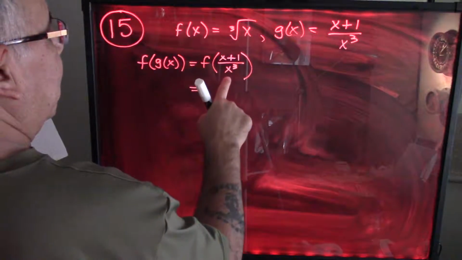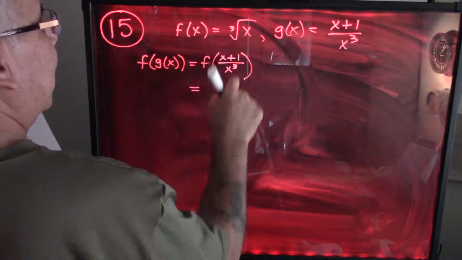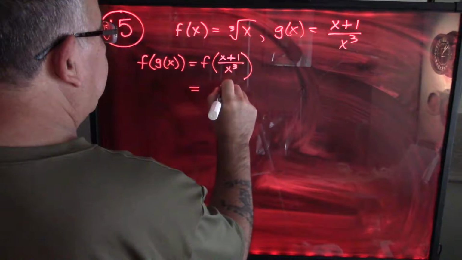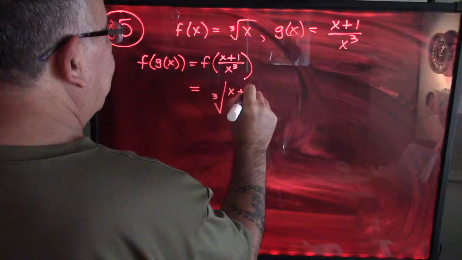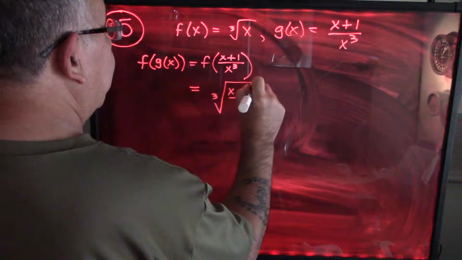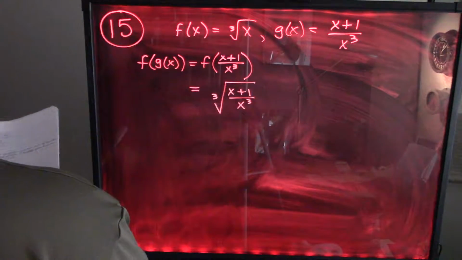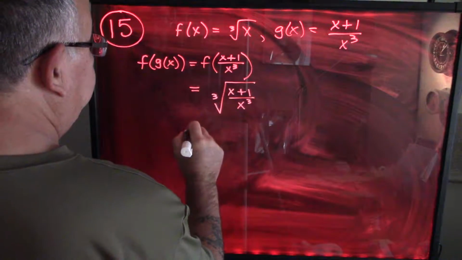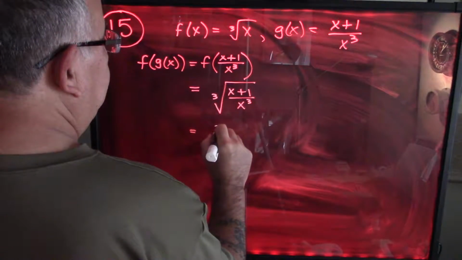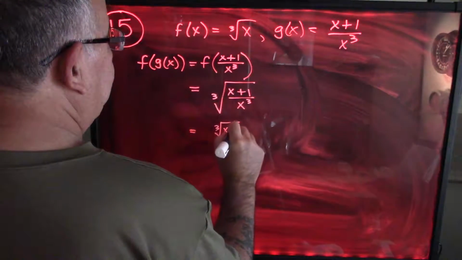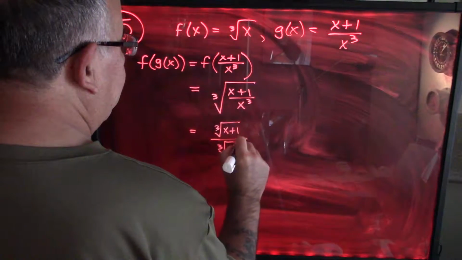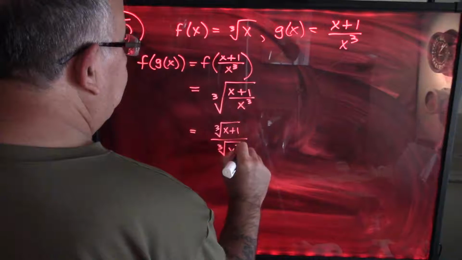That's equal to, well, plug that into f, so you've got the cube root of x plus 1 over x cubed. And that equals the cube root of x plus 1 over the cube root of x cubed.